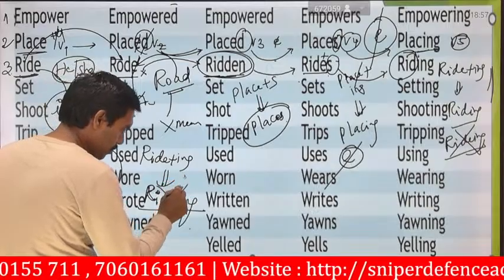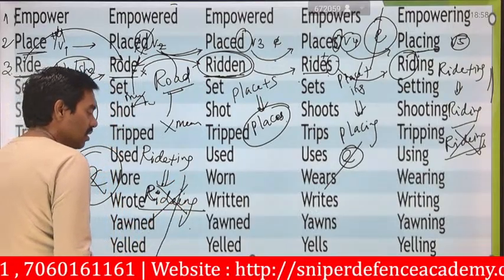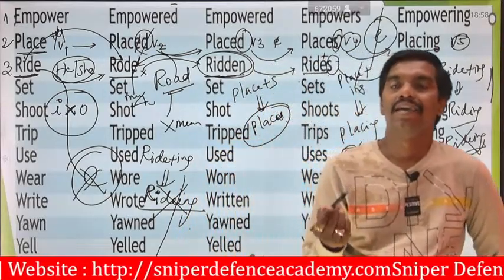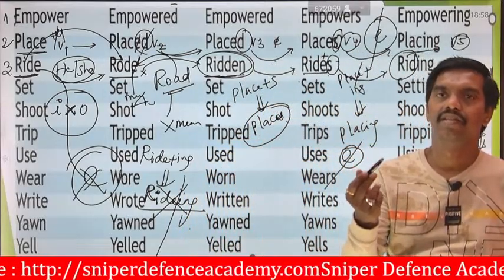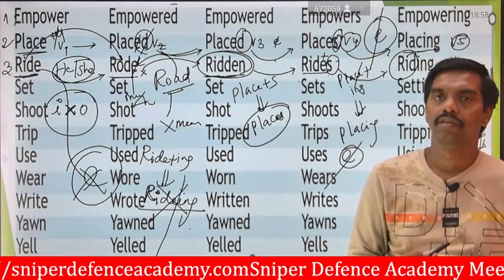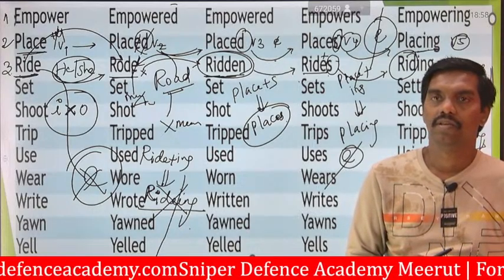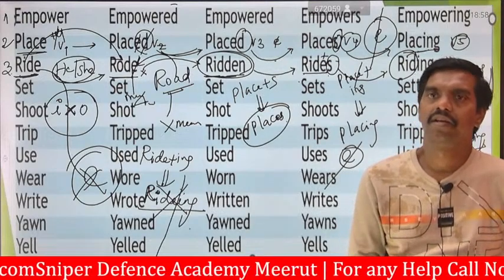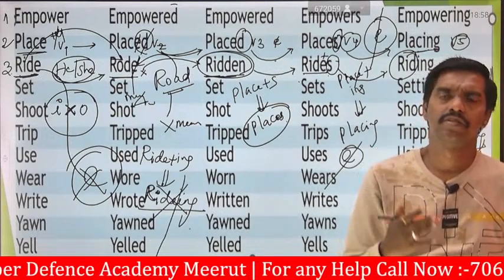So here the E will remain silent, and then you have to express the word in terms of ing, that is riding. Okay, the third is ride. Examples are horse ride, bike ride, many things you can say.